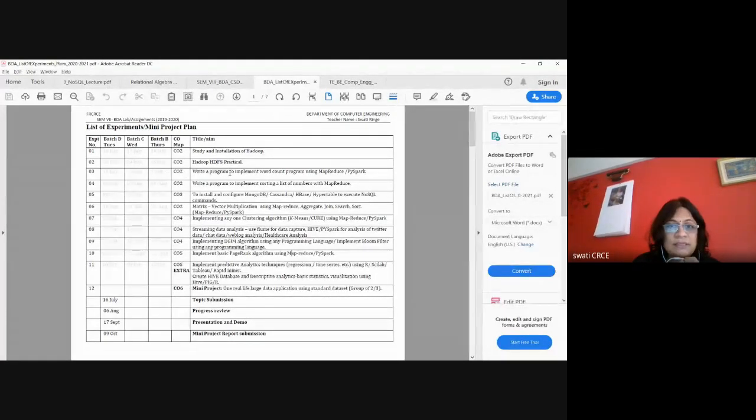There are experiments 3, 4, and 6. This you have to do by using Python or PySpark. So for that you will have to install Hadoop, and then you will have to install PySpark. So you can use only Python or you can use PySpark.